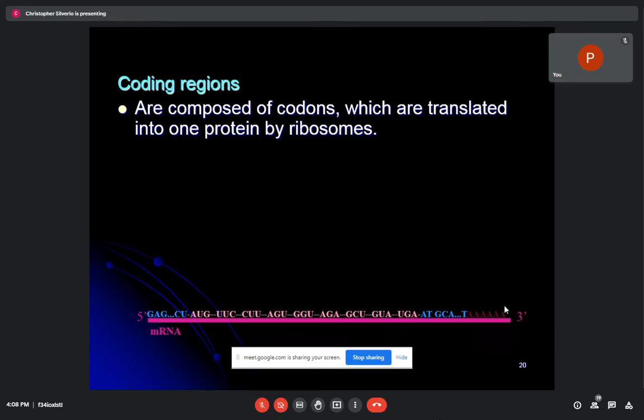The coding regions of the messenger RNA, you call those codons. And these codons are translated into one protein by ribosomal RNA.